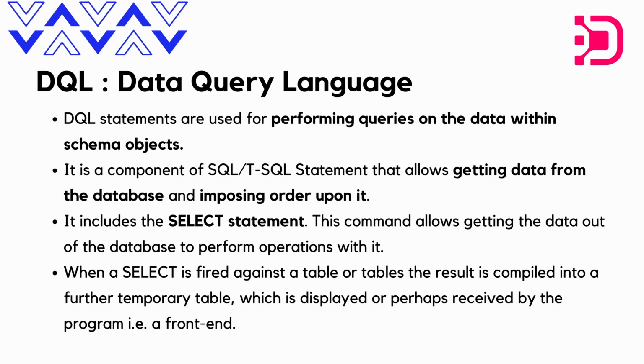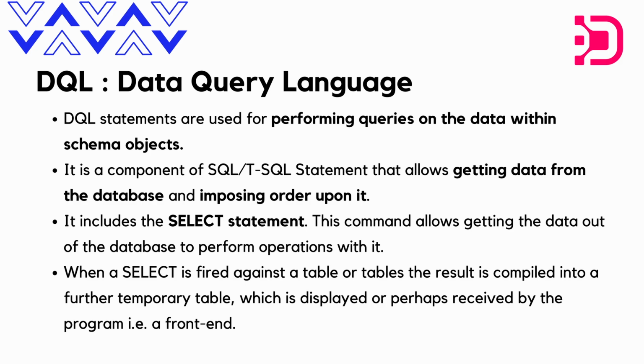They allow you to get data from the database and also to impose some order upon it. And the select statement is the most important, crucial statement in this. Sometimes, in some languages, it is the only tool inside the data query language to get data returned to you from the table or other database objects.